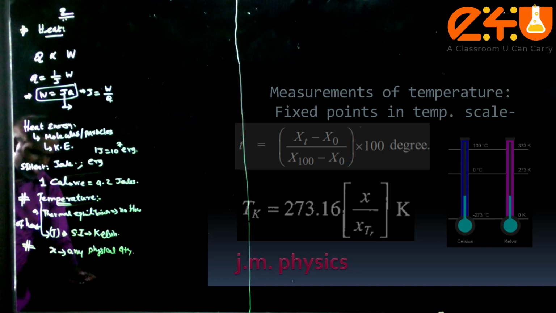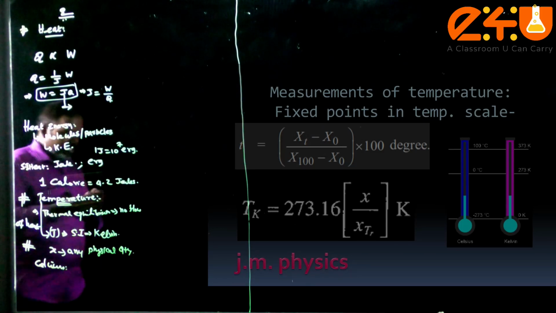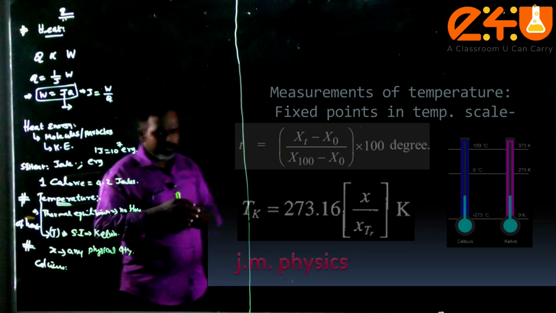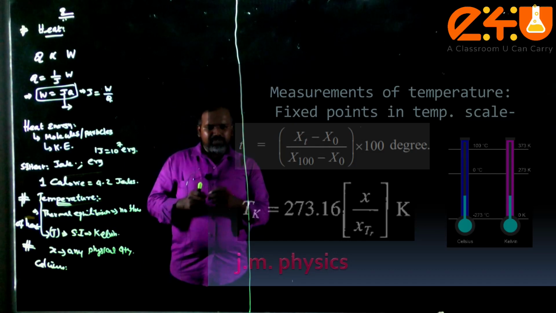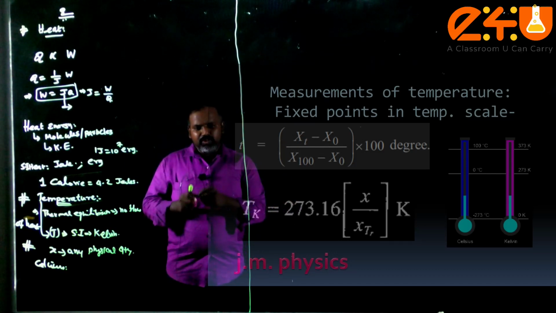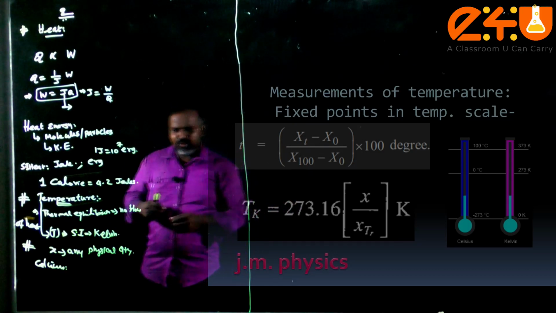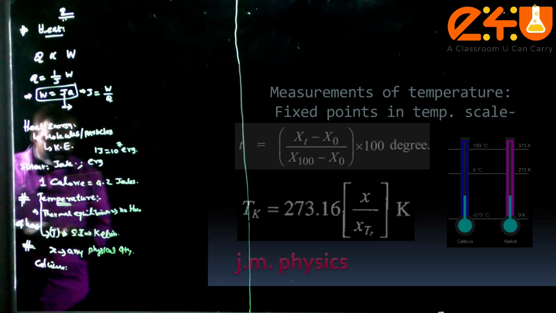So let us consider, for example, the Celsius scale. Let us consider two fixed reference points. Because in mechanics, suppose we want to measure the position of an object, we must measure its position with respect to the origin. That is one fixed reference point. So here also we can use some fixed reference points.